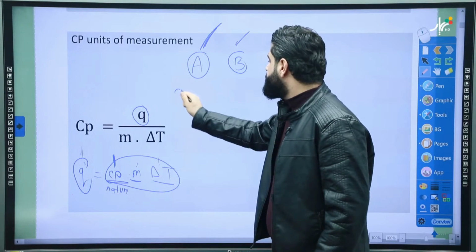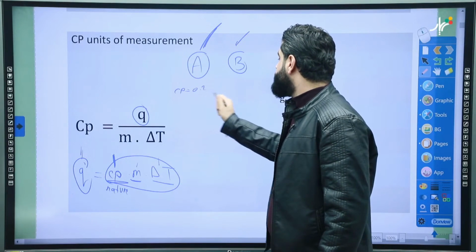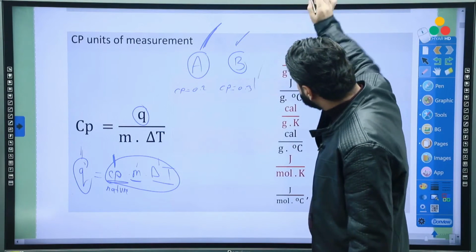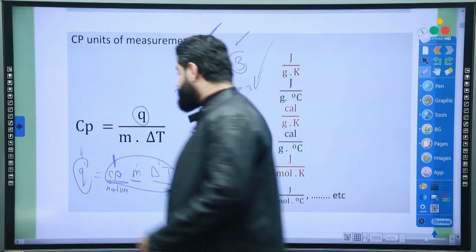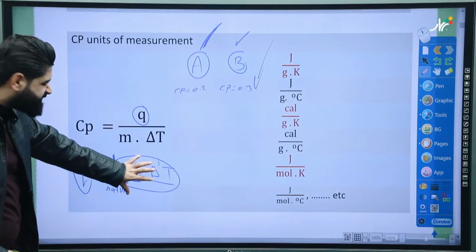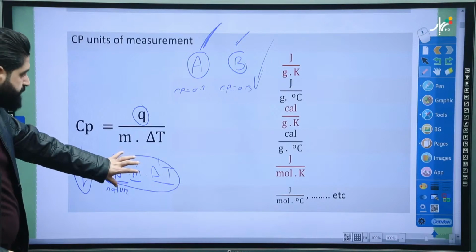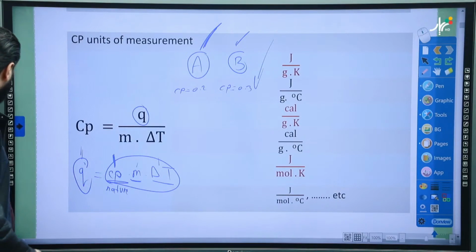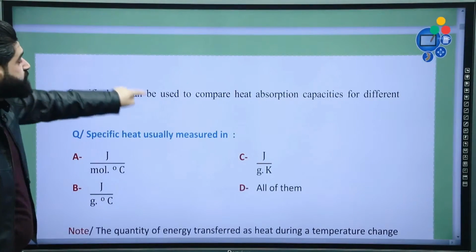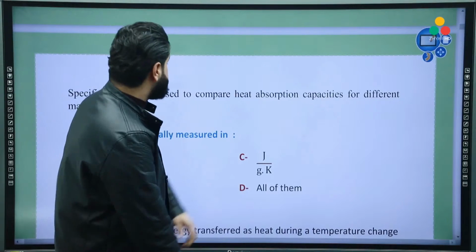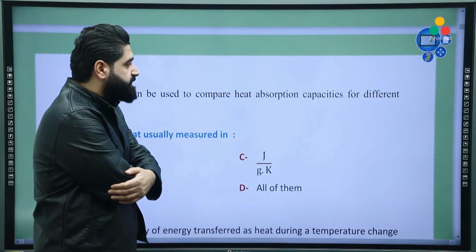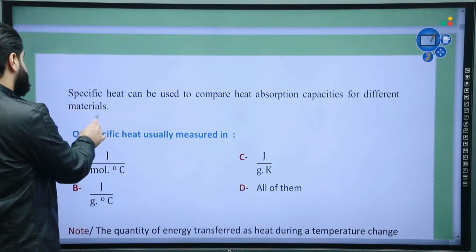For example, Cp here equals 2.2 and Cp for this equals 2.3. Which one absorbs more energy? Of course, this one. That's why there is a direct relationship between these three parts of this equation and Q. Look, specific heat can be used to compare heat absorption capacity for different substances.